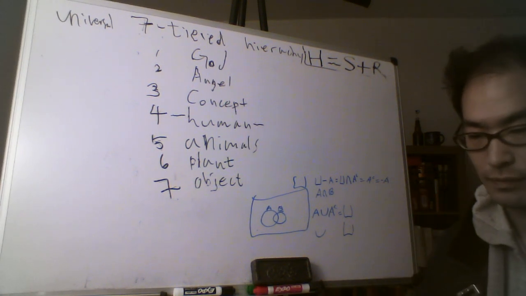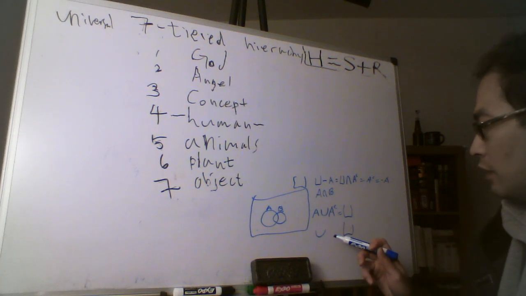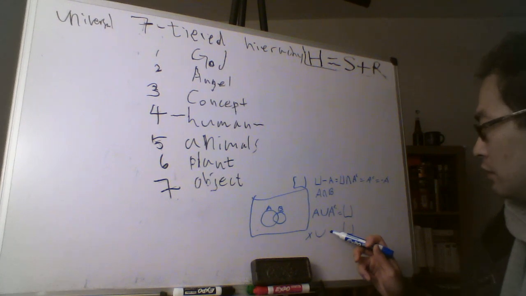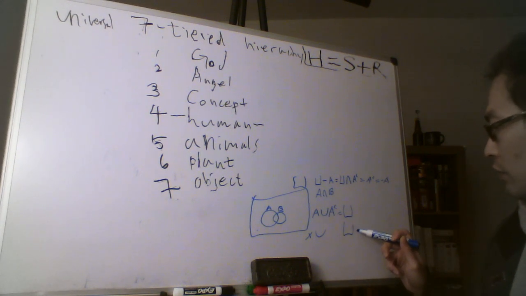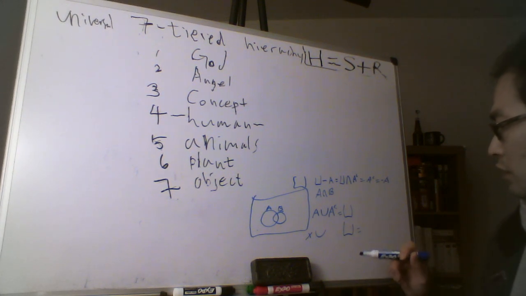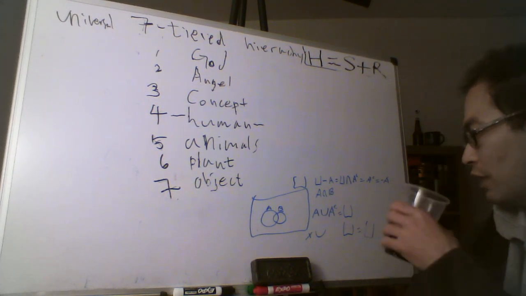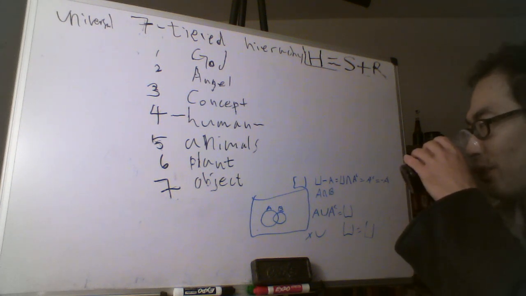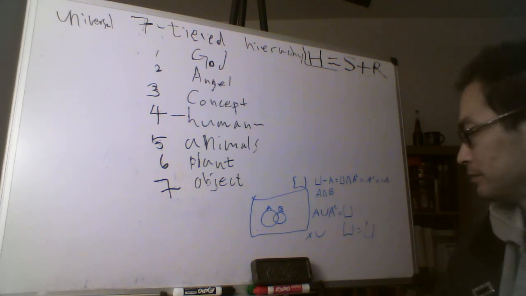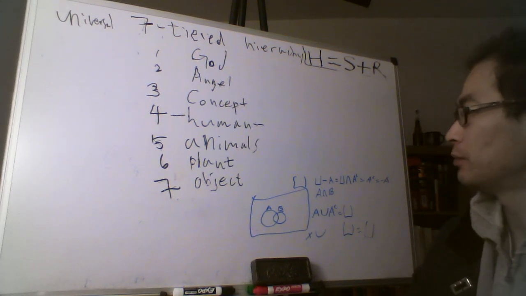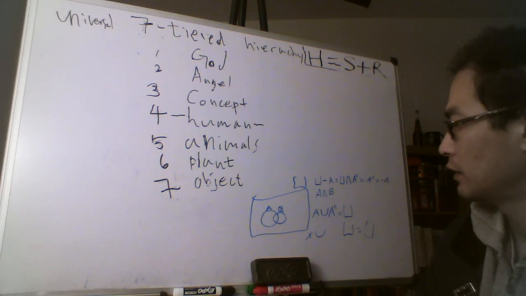Another thing is that any set X union the universal set is always the universal set. Another absorption rule. Yeah, we're doing some set theory, but it's important that we know set theory.